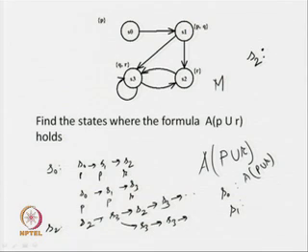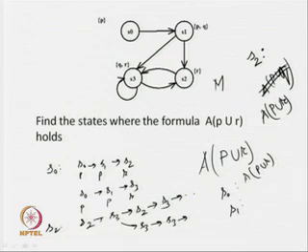Now, from S2 we get these execution traces, and from S3 we get these execution traces, because one is a subset of the other, or we can say this is a subsequence of the path from S2. Now, what will be the truth value of A[P until R]? This is the formula we are concerned about in all paths.